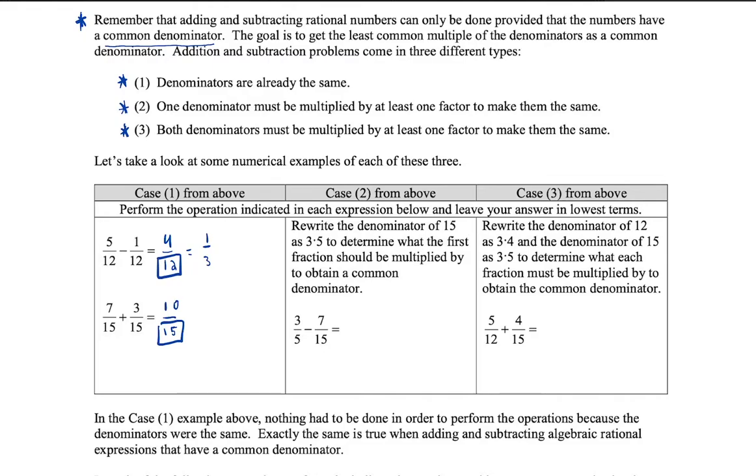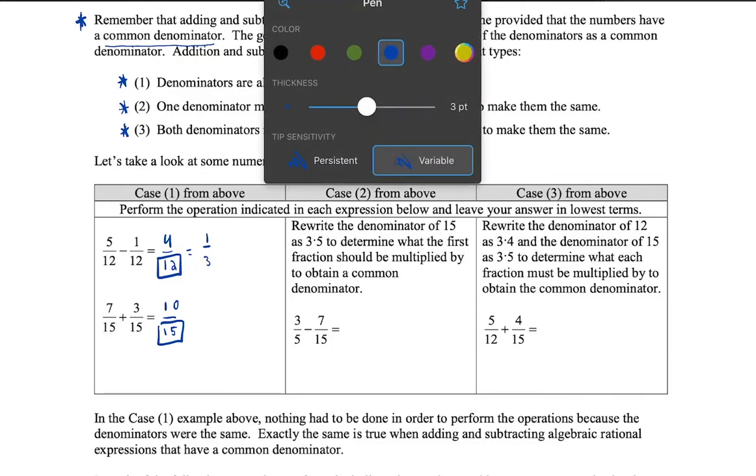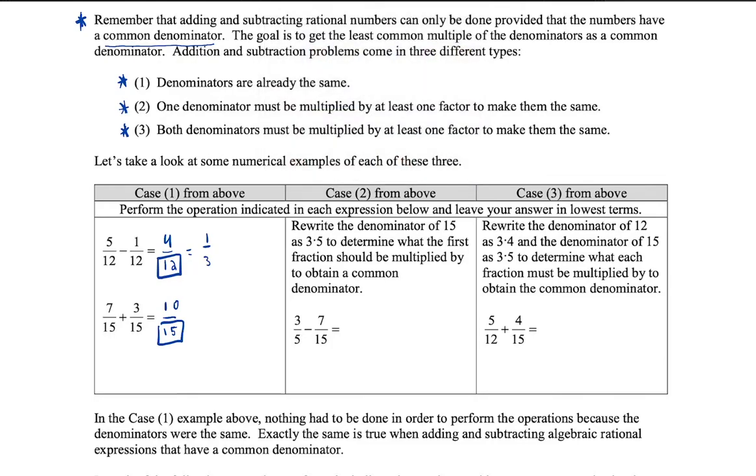You can have fractions added and subtracted that require a little more work. So let's say we wanted to do 3/5 minus 7/15. Well, we would first need to turn that denominator 5 into a 15. And the easiest way to do that is to multiply by 3/3.